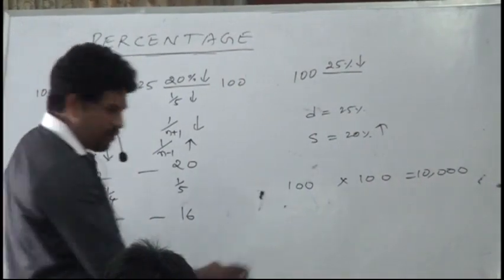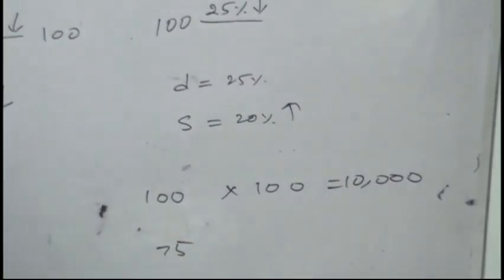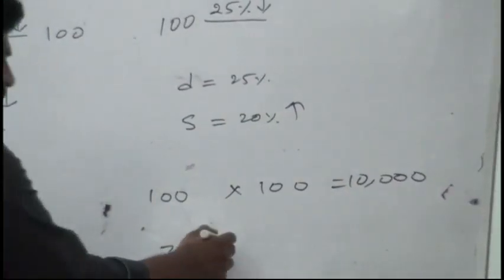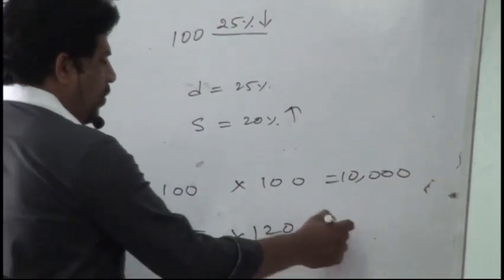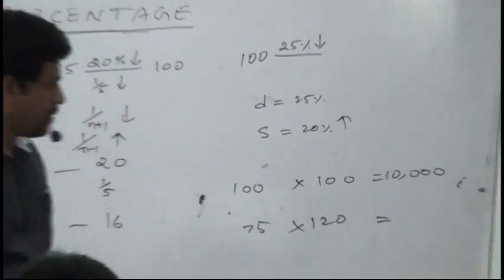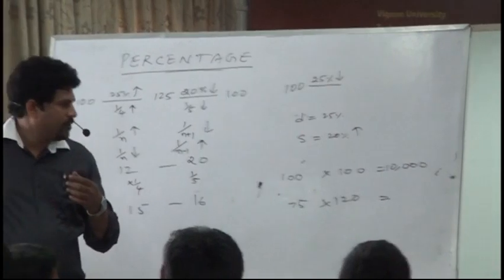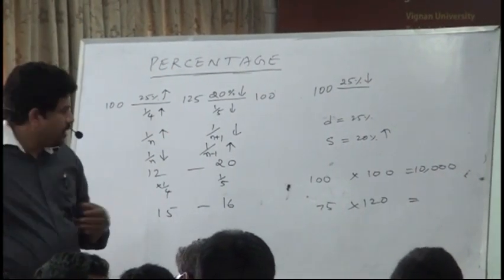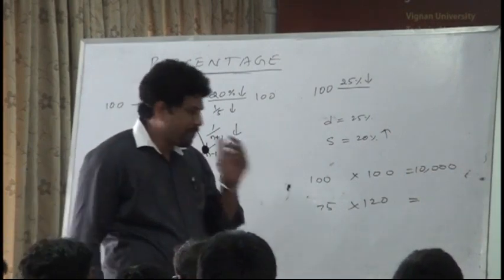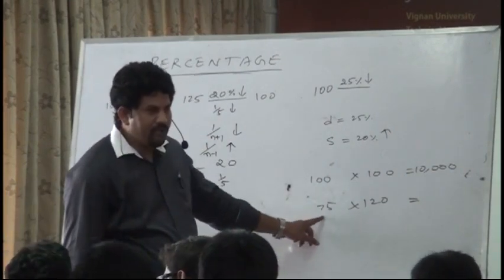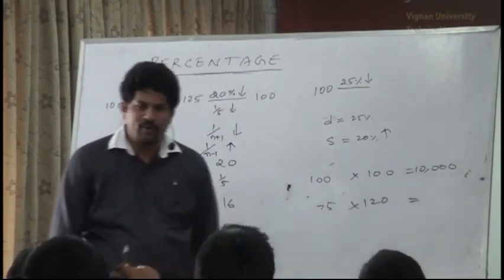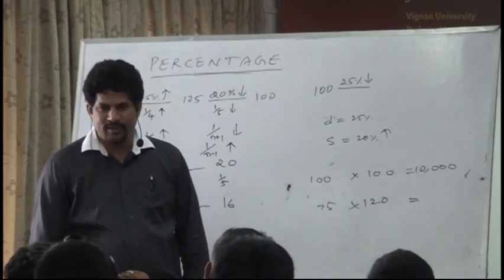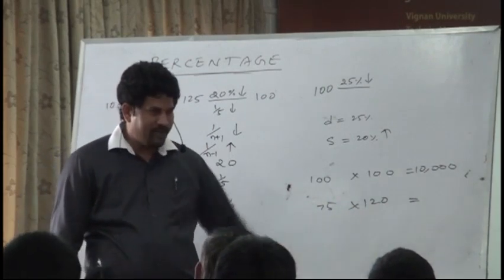Now after discount he is selling it for only 75. How many 75s is he selling? 120. So how do you calculate 75 into 120?